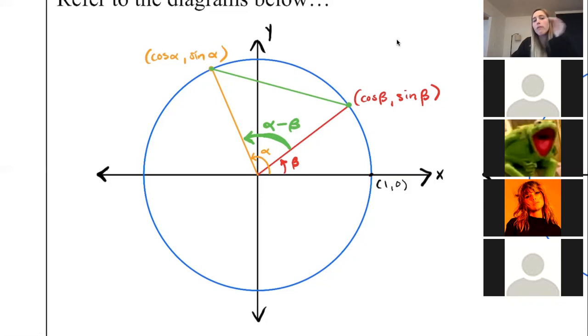It's the angle alpha in standard form minus the angle beta in standard form. I drew a line connecting the points (cosine alpha, sine alpha) and (cosine beta, sine beta), and I'm going to call the distance between those two points d sub 1.